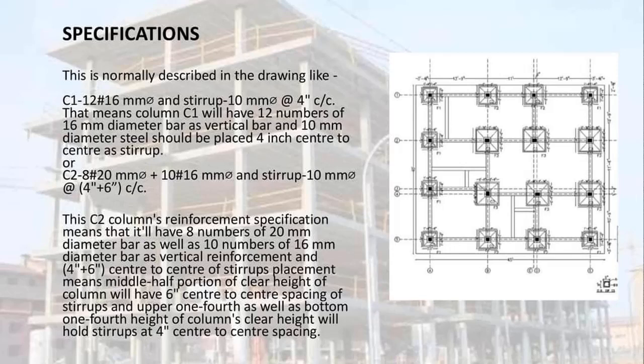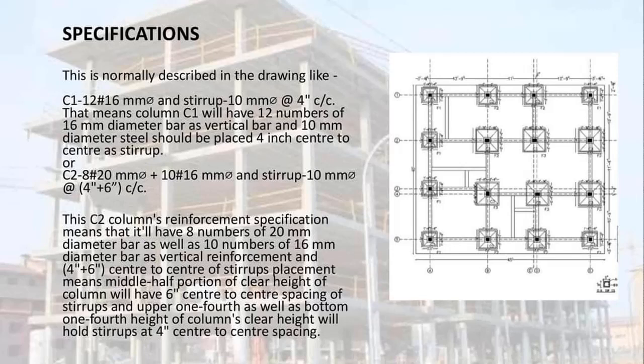That means column C1 will have 12 numbers of 16 mm diameter bars as vertical bars and 10 mm diameter steel should be placed 4 inch center to center as stirrups. Or C2: 8 numbers 20 mm dia plus 10 numbers 16 mm dia and stirrups 10 mm dia at 4 inch plus 6 inch center to center.